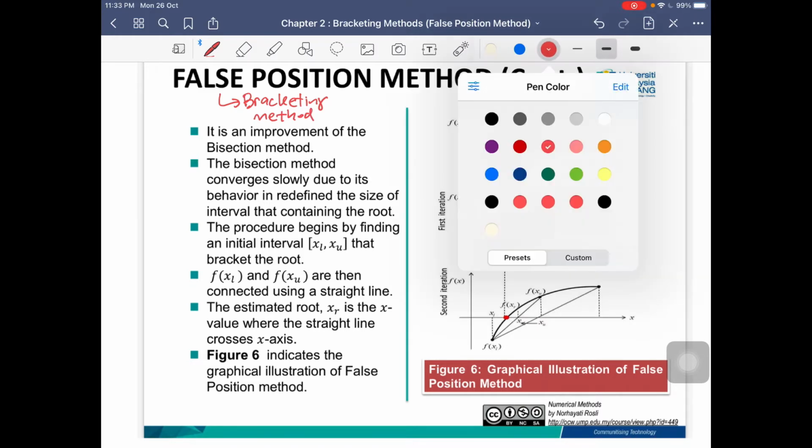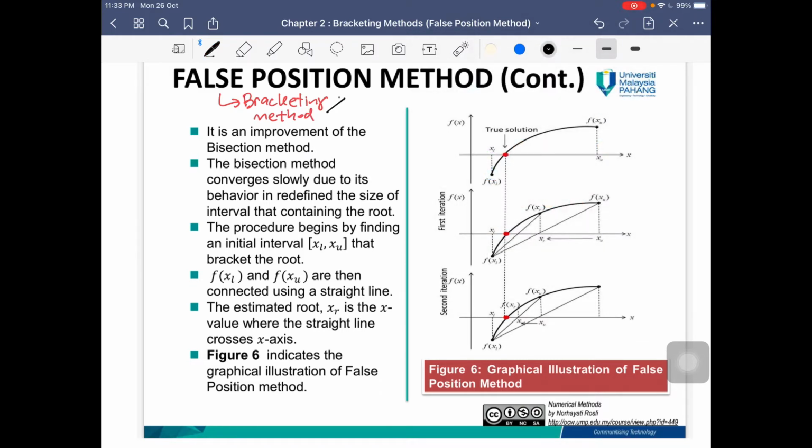Therefore we require two initial guesses in order to start the computation process, which are SL and SU. And the false position method also always converges to the true solution.